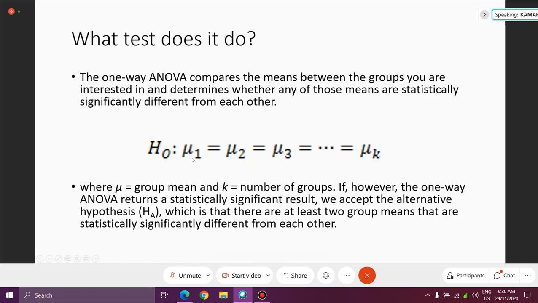Maybe between group 1 versus group 2, group 2 versus group 3, group 1 versus group 3, and so on. So the null hypothesis for ANOVA is that all groups have the same means, whereas the alternative hypothesis says that at least one pair of the group means are different.